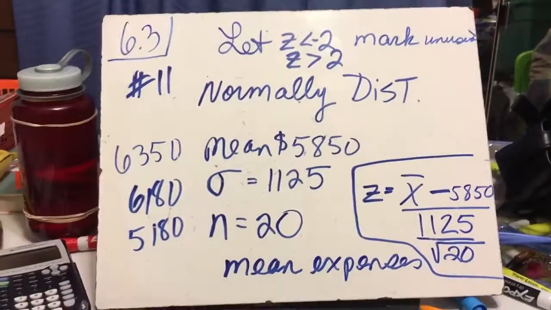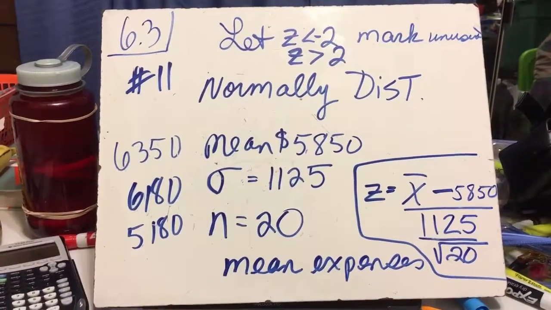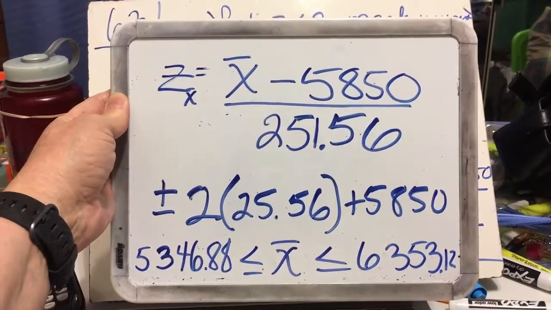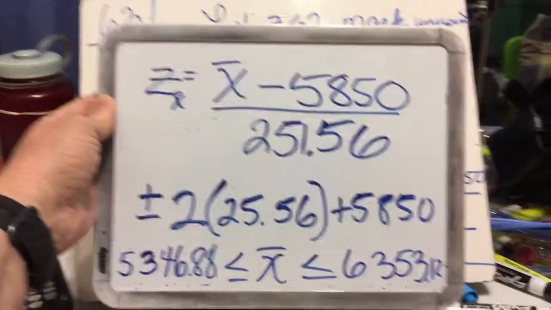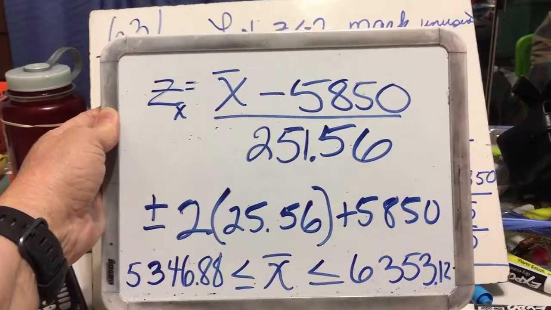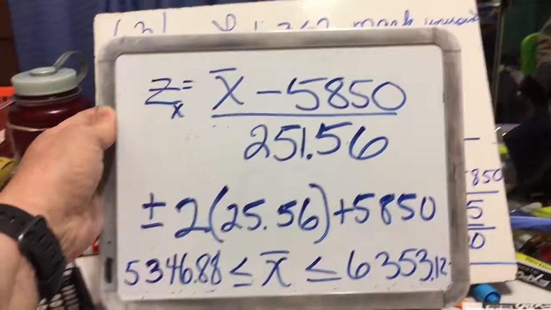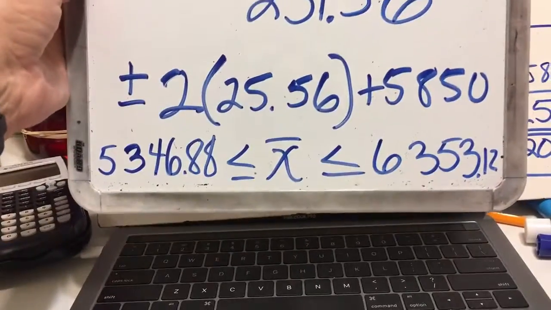There was the first board, just so you can see it again. And here was the second board where I was kind of back solving to get to the x bar. Now you could have plugged each one of the x bars in and done the math, but I chose to work backwards so that I would have a region.